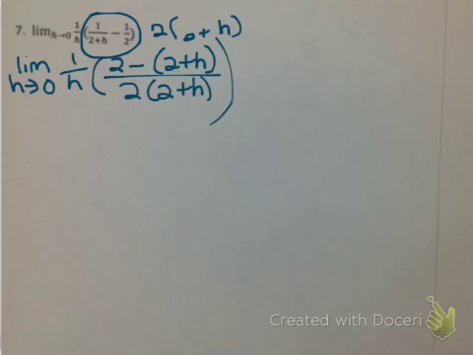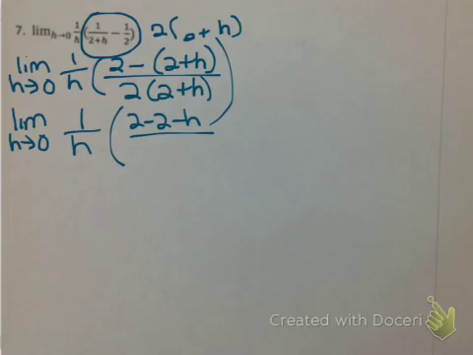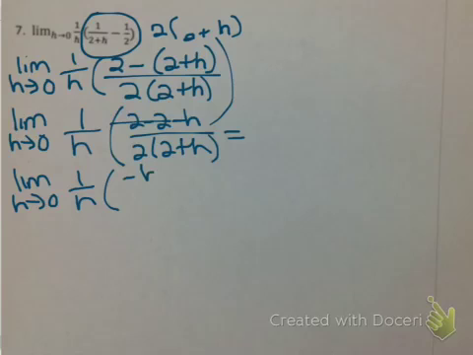Okay, so now simplify. I have limit as h goes to 0 of 1 over h times, the numerator would be 2 minus h over 2 plus h. The 2's are going to cancel, so I'd have limit as h goes to 0 of 1 over h times -h over 2 plus h.